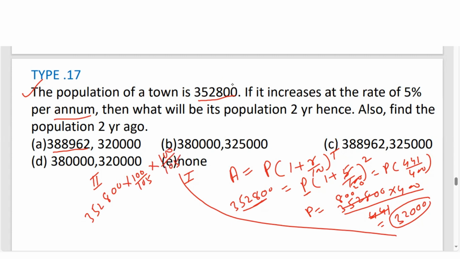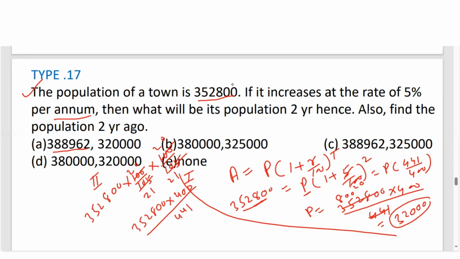Only this is the difference. Now you see 5 times 10, 1 is 20; 5 times 10, 1 is 20. So what we got here? 352800 into 20 into 20, that is 400, over 441. The same data we have reached here in only one line.